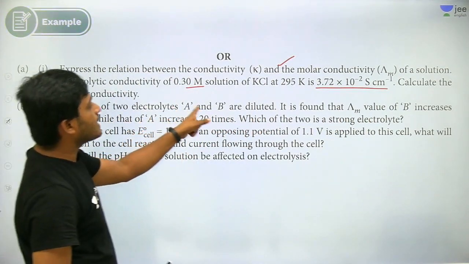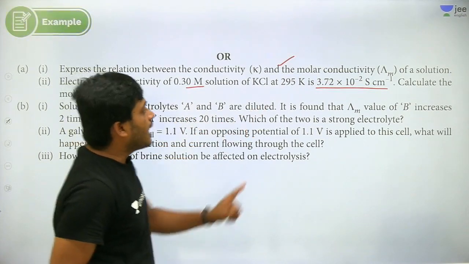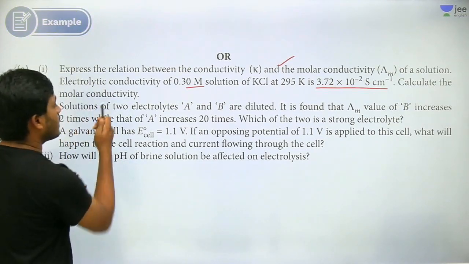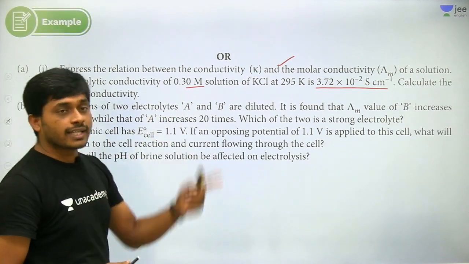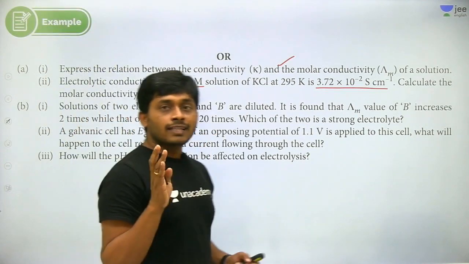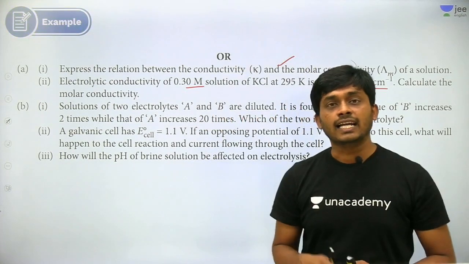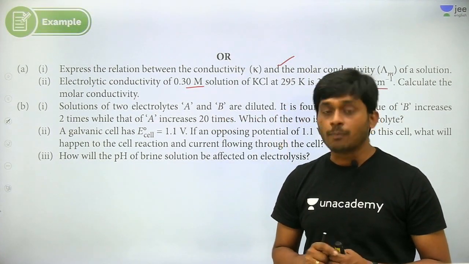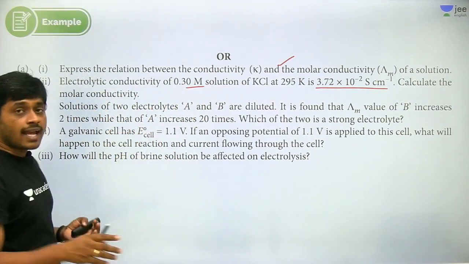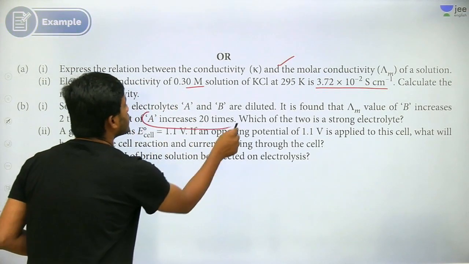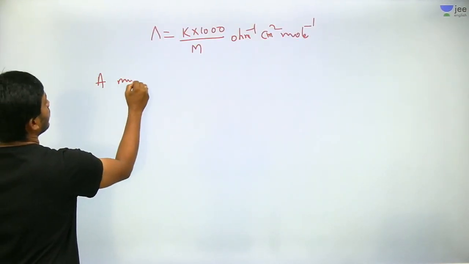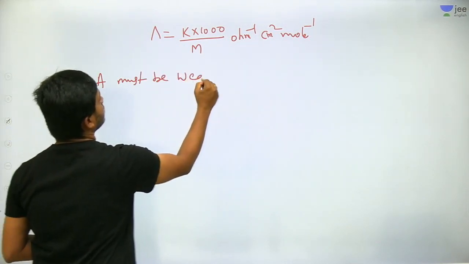Solutions of two electrolytes A and B are diluted. Lambda m value of B increases 2 times, while that of A increases 20 times. Which of the two is a strong electrolyte? That means we are diluting it, and upon dilution conductivity increases. But which one increased higher? A increased 20 times, so A must be a weak electrolyte.